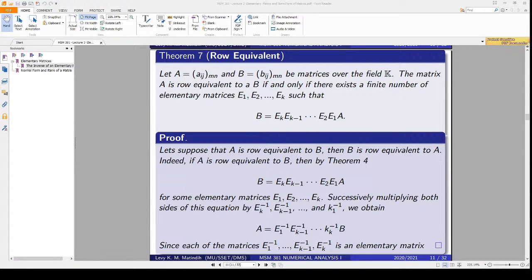Now, from there, we can extend that definition into this scenario. We can extend this definition to say, if we have matrix A and B, then matrix A is row equivalent to matrix B if and only if there exists a finite number of elementary matrices.